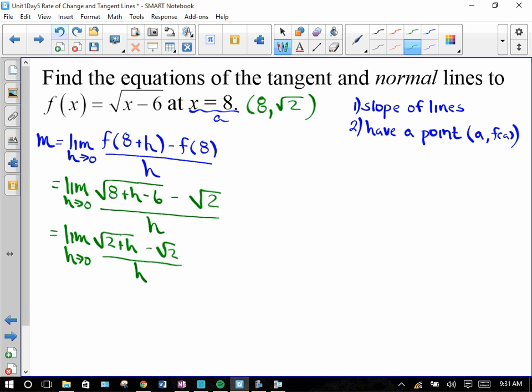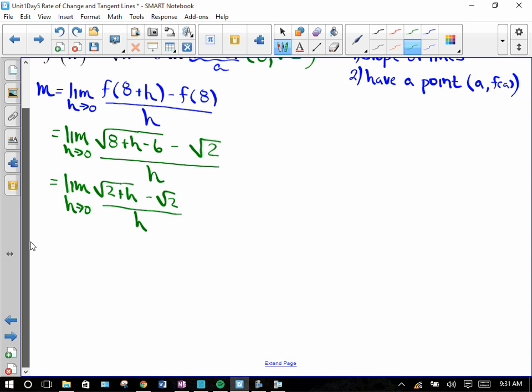Not going to square. Alright? If I square this, I'm going to get more square roots. I'm going to multiply this by something. What we're going to do is we're going to multiply it by the conjugate. Alright? We're going to go square root of 2 plus h plus the square root of 2, divided by square root of 2 plus h plus the square root of 2.